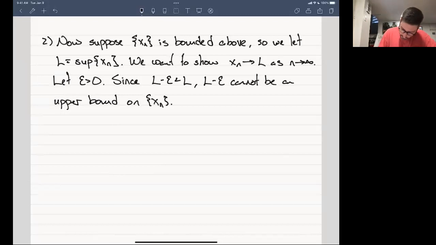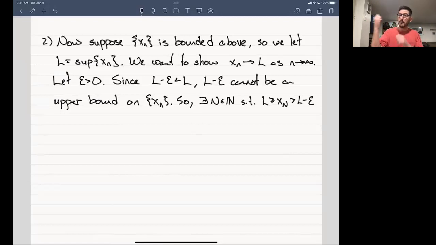So that means that there exists some capital N such that L is greater than or equal to x capital N. That's just the definition of the supremum. It is an upper bound, but we found that x capital N is an element of the sequence that is above this thing that we said cannot be an upper bound, L minus epsilon.